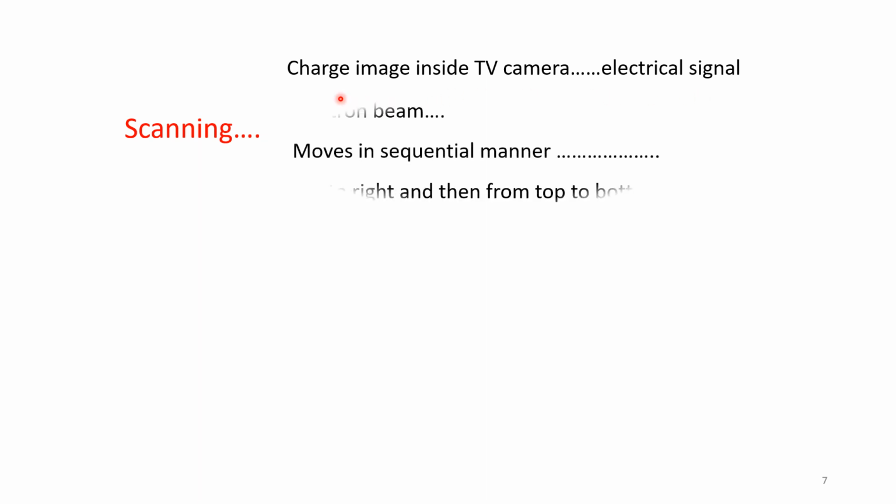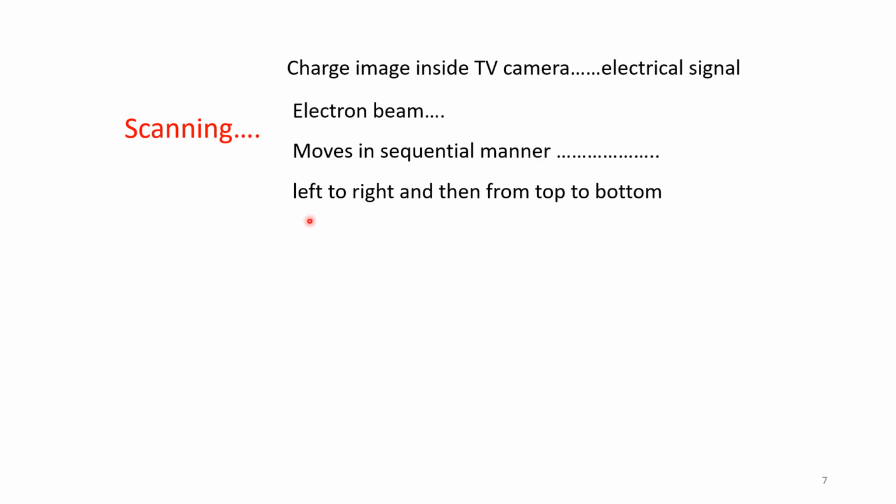And then another important thing with reference to this is what is known as scanning. So the electrical signal is always present in the form of the charge image inside the TV camera. There is an electron beam, and this electron beam moves in a sequential manner.